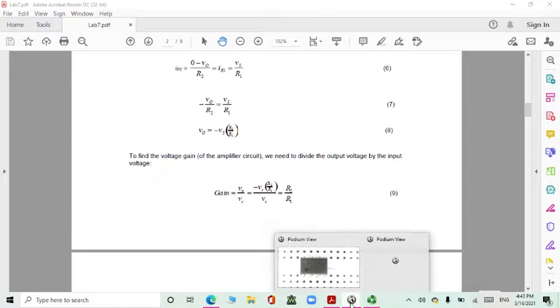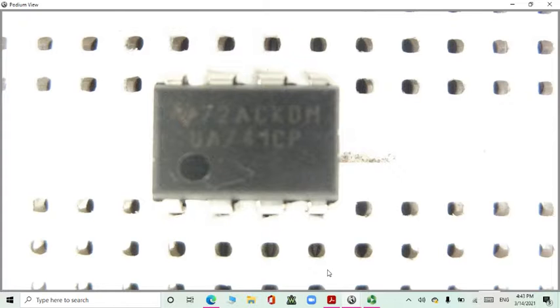So this is our op-amp, and we are going to work with it as inverting and non-inverting.